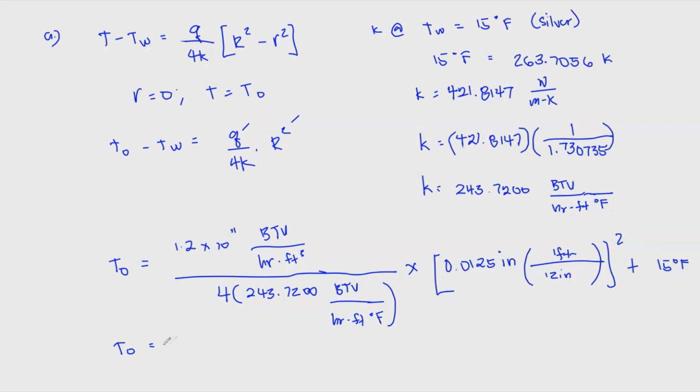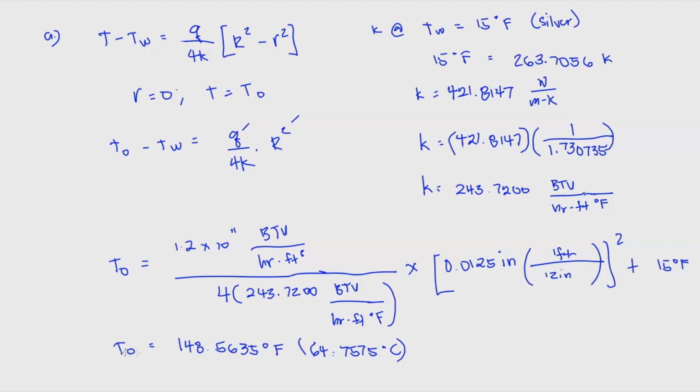So the answer for the center temperature is 148.5635 degrees Fahrenheit. To get a good grasp of this value, let me convert it to degrees Celsius, but you don't have to do it. I just wanted to get a feel for it.